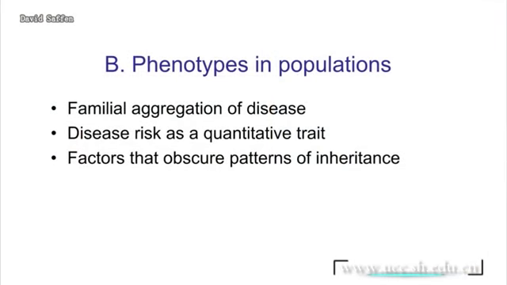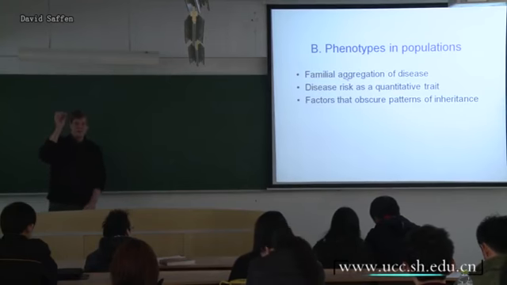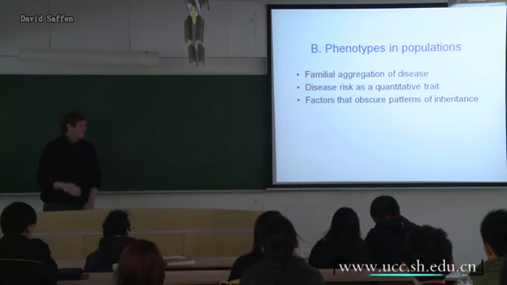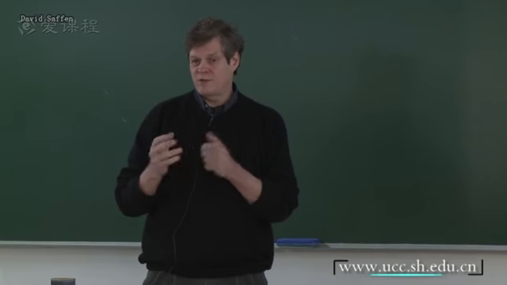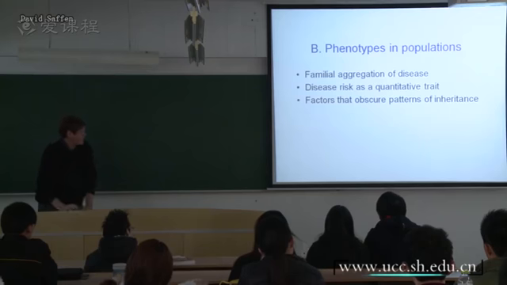Okay, so now we're going to talk about phenotypes in populations. And we're going to talk about familial aggregation of disease. So last week we were looking at pedigrees and showing how traits are passed from parents to children to their children, and showing how, depending upon whether the trait was a recessive or dominant trait, the pattern changed.